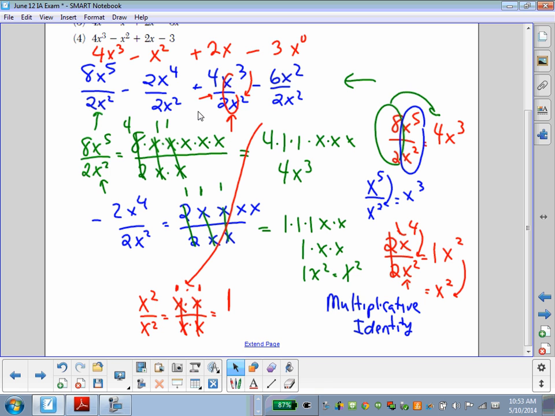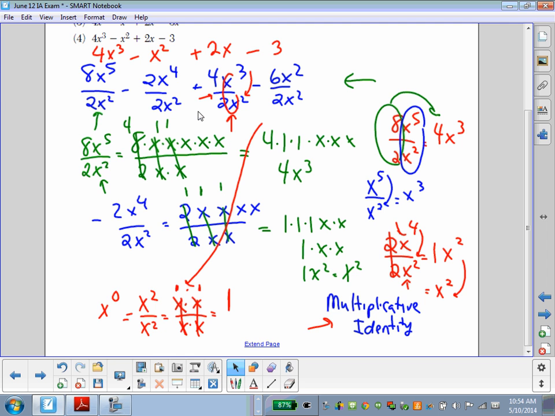I also know that x squared divided by x squared, 2 minus 2 is 0, is the same thing as x to the 0. So I'm going to replace this x to the 0 here by a 1. So this can be 3 times 1 by the multiplicative identity. 3 times 1 is the same thing as 3, so I'm just going to make that a 3.